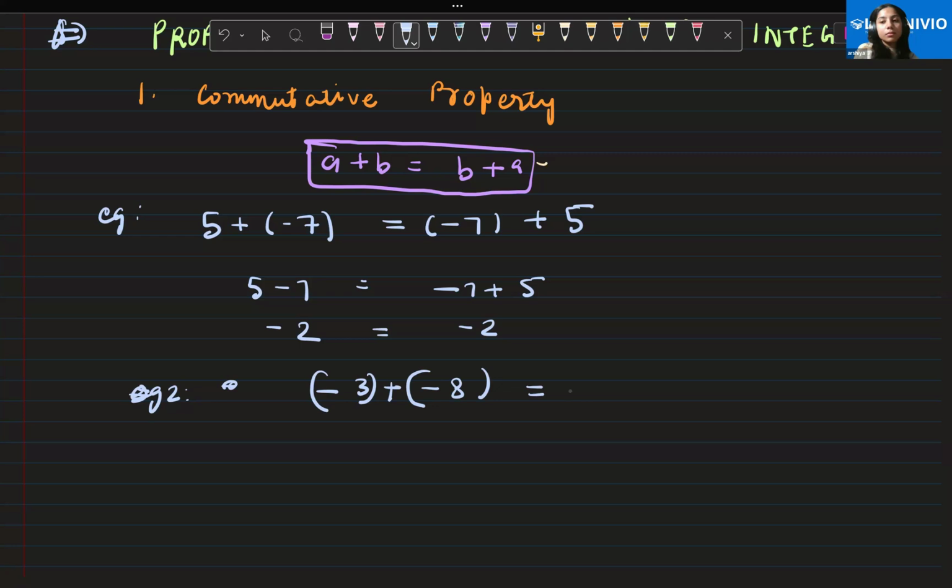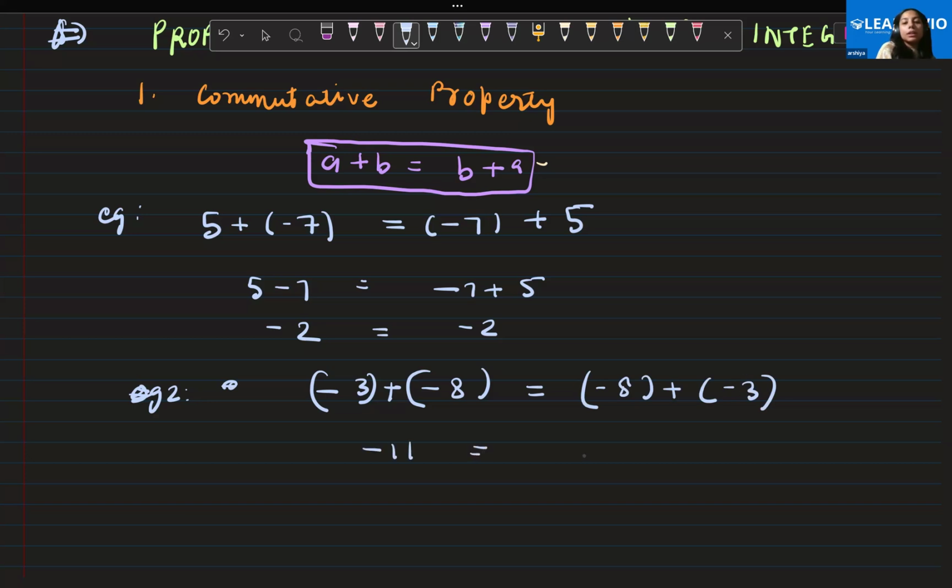Negative 11. No, according to the property, a plus b should be equal to b plus a. Oh, okay, negative 8 plus negative 3. Very good. Negative 8 plus negative 3. So this will be negative 11, correct?